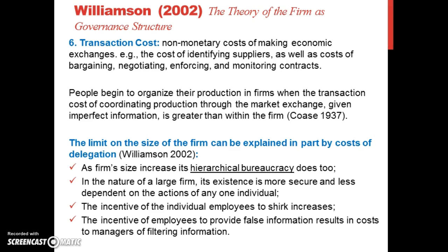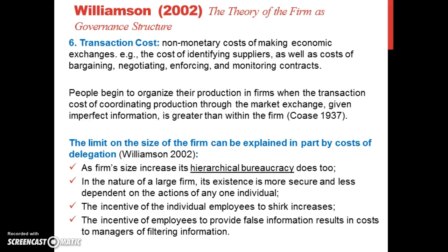Actually, Ronald Coase received the Nobel Prize in Economics because of this theoretical contribution. This transaction cost theory has been recognized as the main reason why organizations are created instead of individual suppliers.